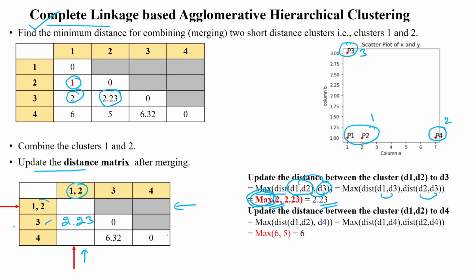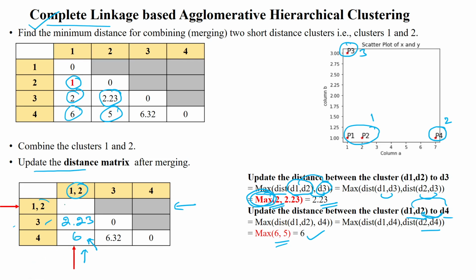Then update the cell for (1,2) to 4. For that we have to calculate d1 to d4 and d2 to d4. d2 to d4 is 5, and d1 to d4 is 6. The maximum between 6 and 5 is 6, so 6 will be written here.